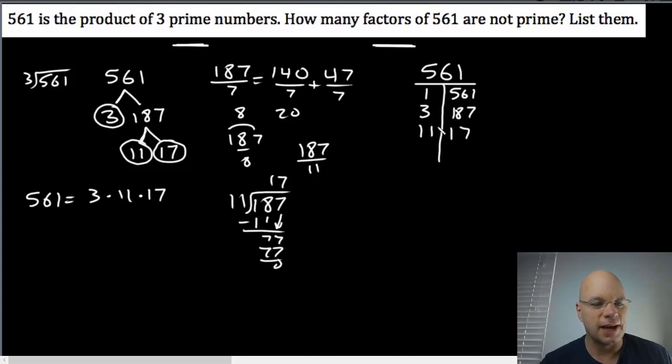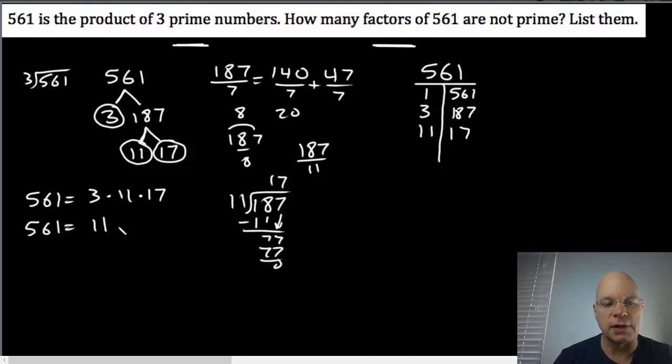Hold on a second. I'm glad I looked at my key. 11 multiplied by 17 is not 561. Many of you may have caught my mistake when you looked at this. Okay, so that's what I get for going too fast. But if we associate our prime factorization here, 561 is also equal to 11 multiplied by 3 multiplied by 17.